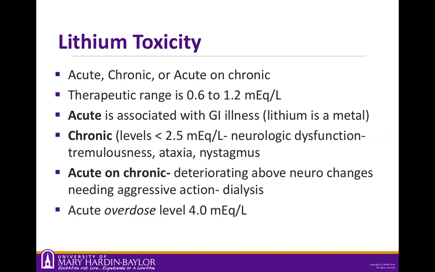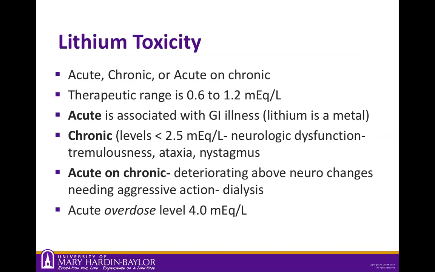Again, there's that narrow therapeutic range. And again, GI problems are usually the biggest, most common issue. And here's what these chronic levels look like. See, it's about twice as much as the therapeutic range. So sometimes people can have that, and then they're very tremulous, they really don't walk well, they might get some sideways ticking of their eyeballs when you look at them, or they look off to the side.